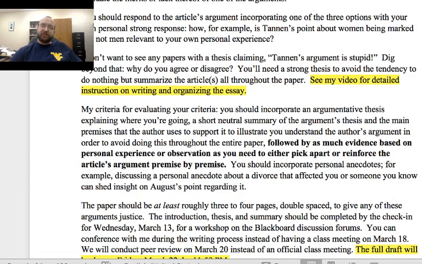Then ask yourself, what were the main arguments they used to support themselves? August had a lot more reasons than Tannen, so I'll just talk about Tannen for the purpose of being concise here.